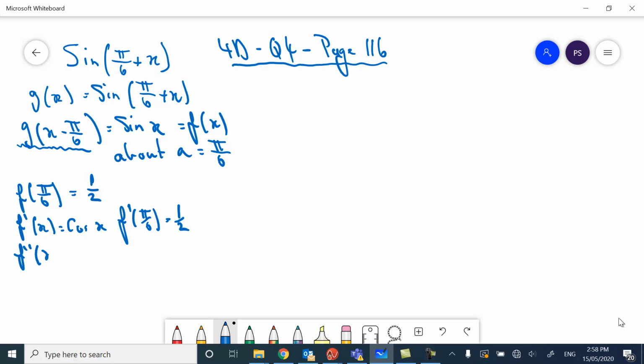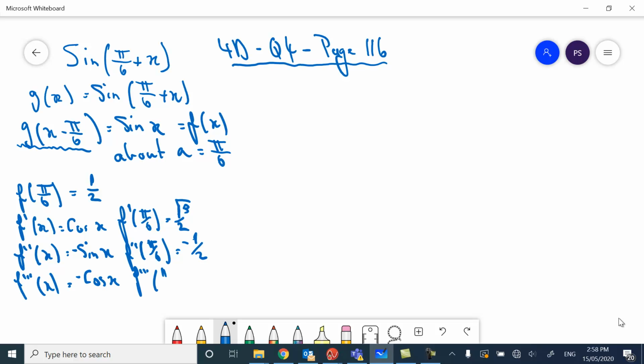Let's just run through this. f double dash x is minus sine x, so f double dash of pi on 6 will equal minus a half. f triple dash x is equal to minus cos x, so f triple dash of pi on 6 is equal to minus root 3 on 2.